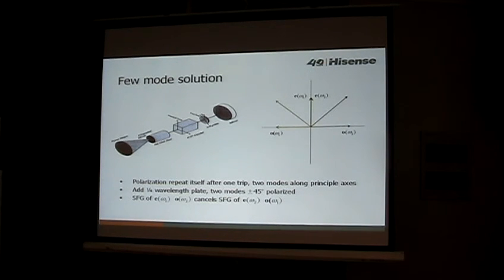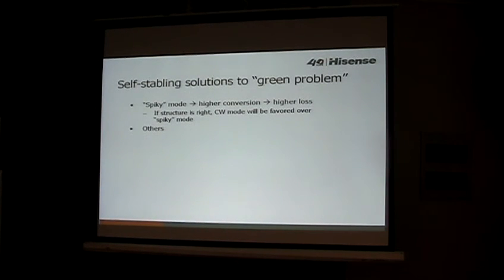As a result, the coupling between frequency 1 and frequency 2 will be removed, so this green problem will go away. Another solution is to just optimize the laser structure.